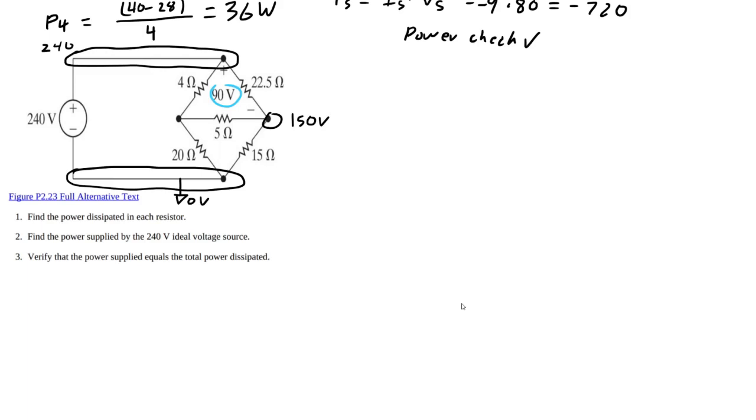Anyway, let's first find the currents through these resistors. So we'll say this is I1. This can be I2. I'll put I3. And we'll say I4 is this one.